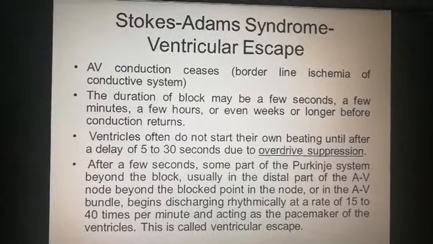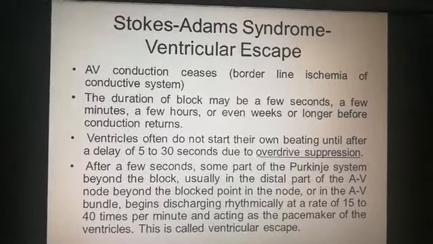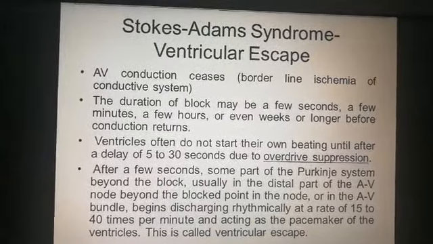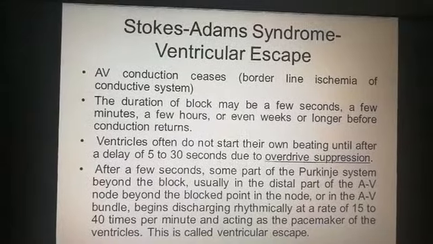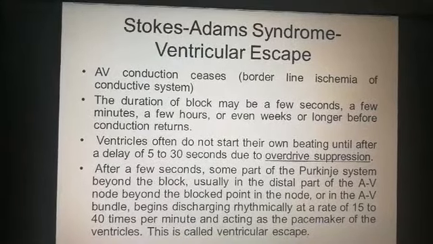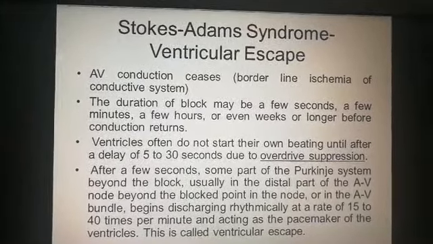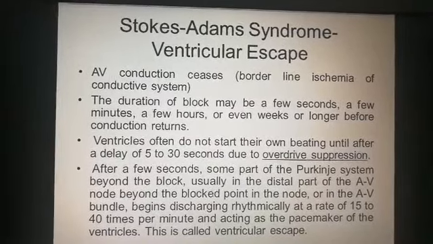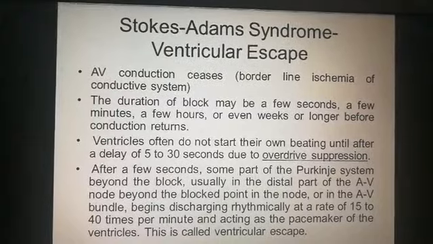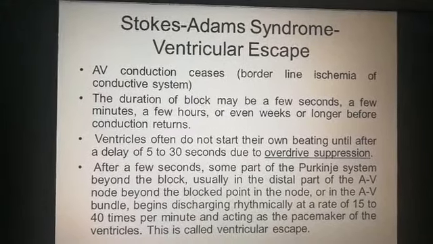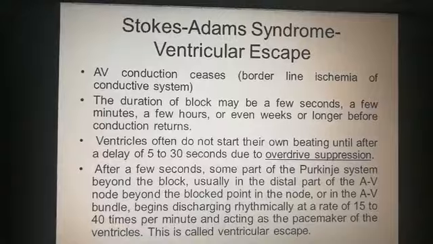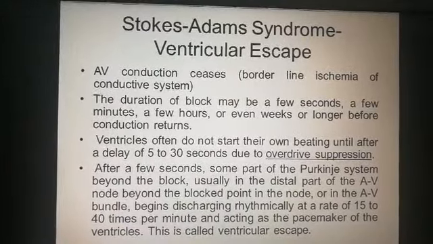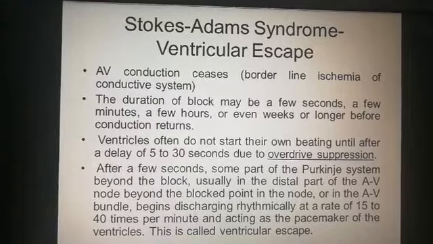The conduction through the AV node is stopped because of ischemia of the AV pathway, as you have studied in the previous lecture. What can happen to the AV conduction pathway? There is either ischemia, inflammation, or scar tissue. So the AV conduction ceases.